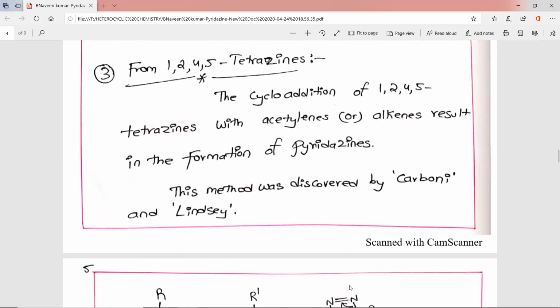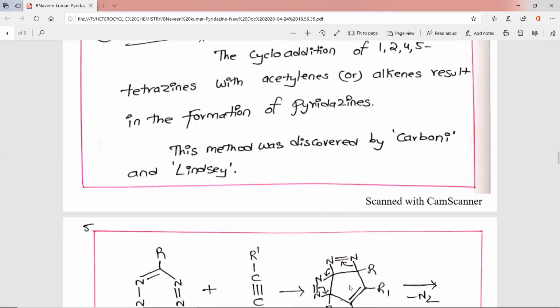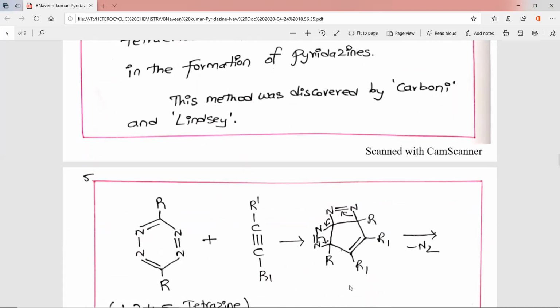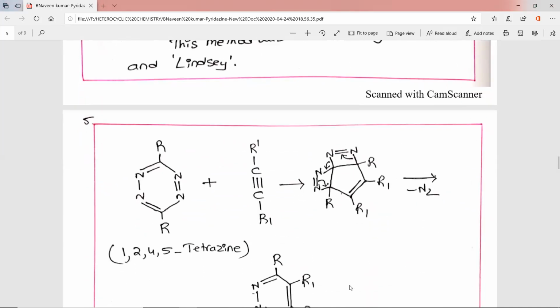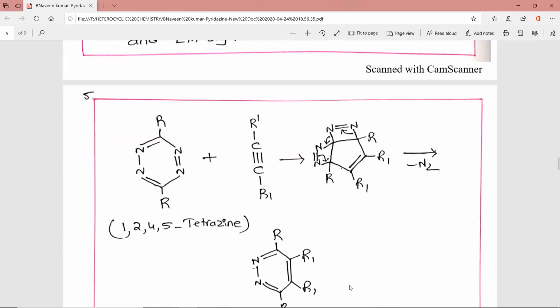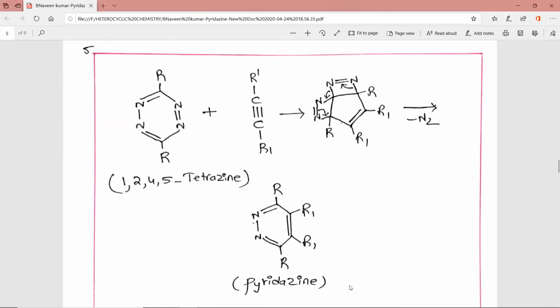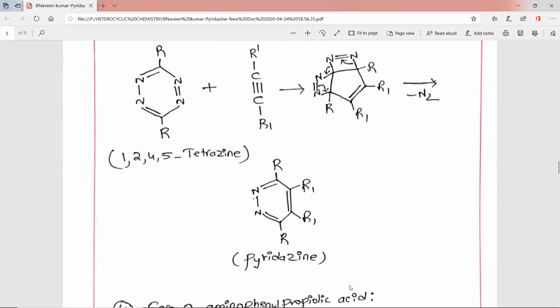So cycloaddition of 1,2,4,5-tetrazine with acetylenes or alkenes also results in the formation of pyridazines. So here we can see the reaction between a substituted 1,2,4,5-tetrazine with an acetylene, and the resulting compound undergoes loss of nitrogen to form the pyridazine derivative.